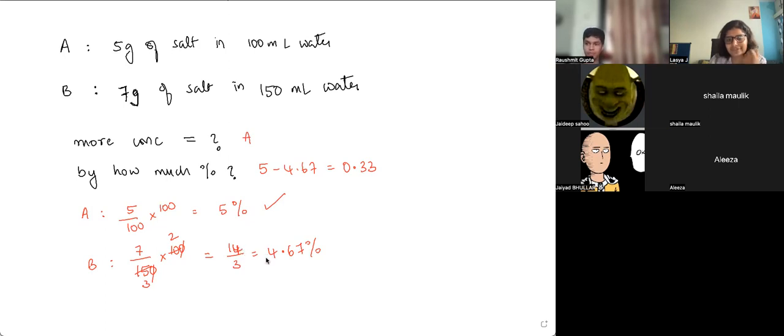Rounded off to what? Even if you round it off, you'll get 5. That's equal. But you said A is more concentrated. Oh, I thought the answer was 4%, so I thought that was the difference between them. You should read the question properly. By how much means the difference between A and B, not how much is B.